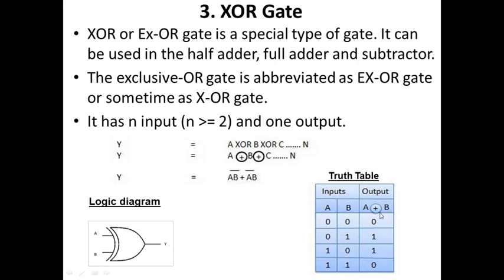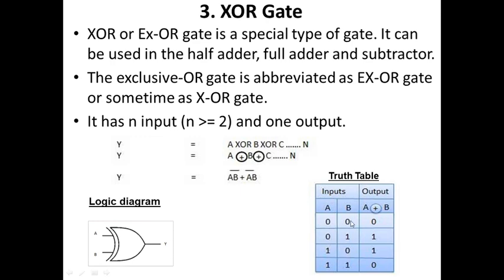Now, how do you write the truth table? The truth table states inputs 0 0, 0 1, 1 0, 1 1. This gate output is high only when the inputs are different.